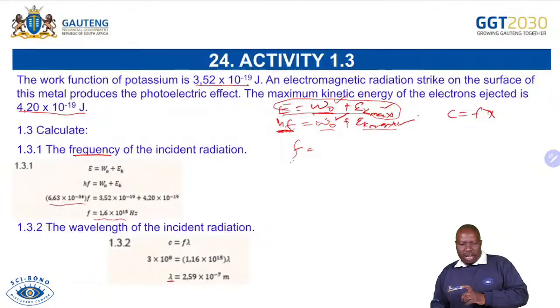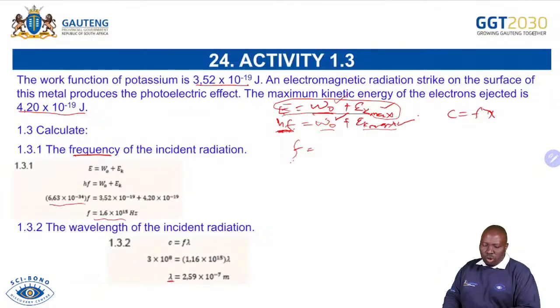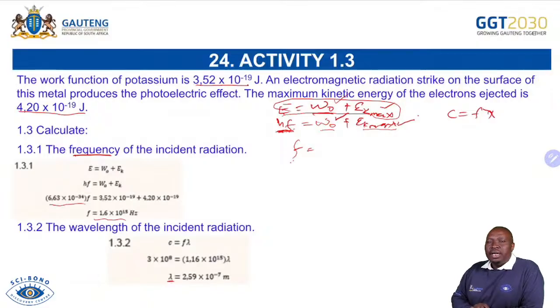What I want to emphasize is the issue of the SI unit. Remember, if the SI unit is wrong, we won't mark the final answer. So always know that wavelength is in meters, frequency is in hertz, energy is in joules. Can be kinetic energy, will be in joules. Energy of a photon will be in joules. Your work function is energy, will be in joules.